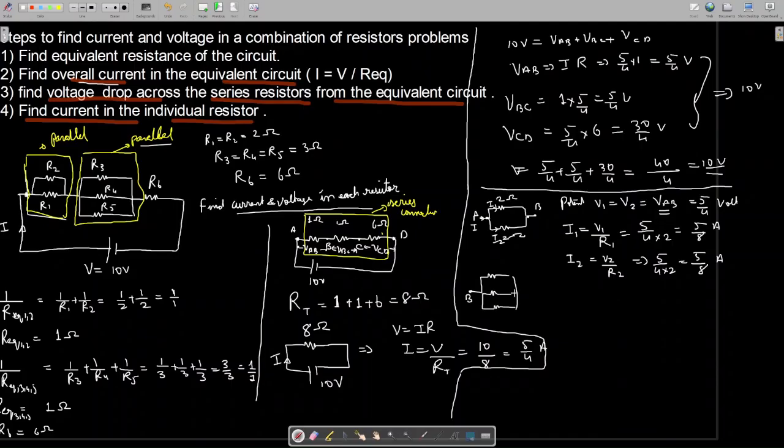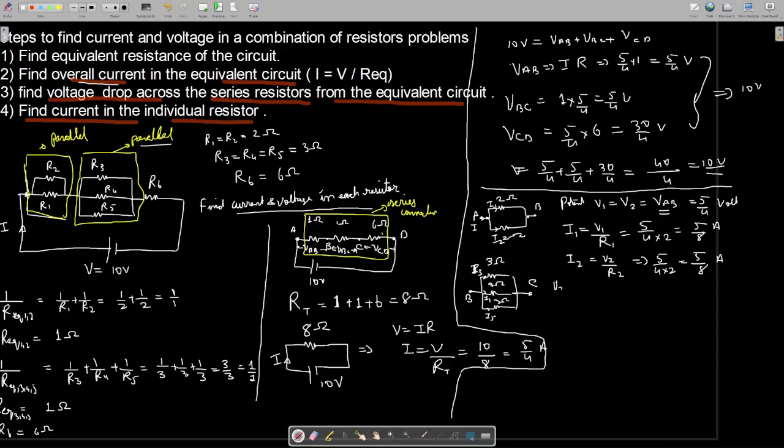Now similarly in between the node B and C, we have three parallel connections. Each one is 3 ohm. Now let the current be I3, I4 and I5. In a parallel connection, potential is same.